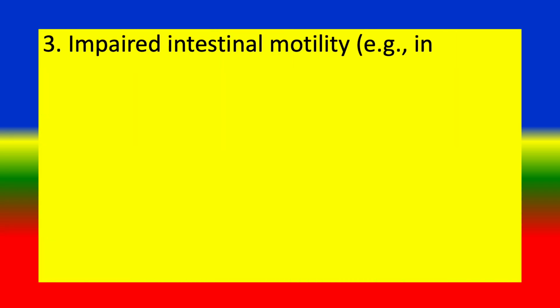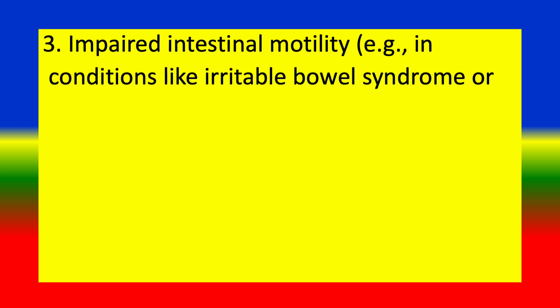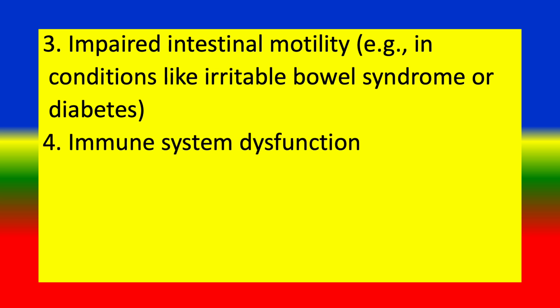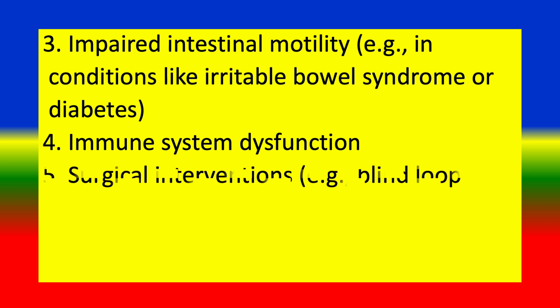Impaired intestinal motility, example in conditions like irritable bowel syndrome or diabetes. 4. Immune system dysfunction. 5.